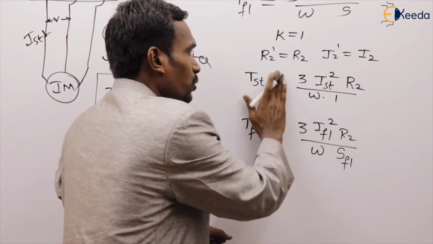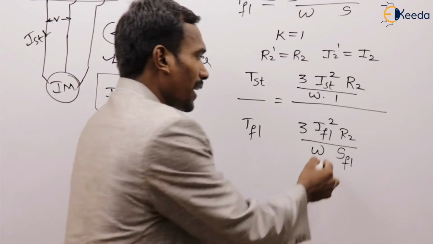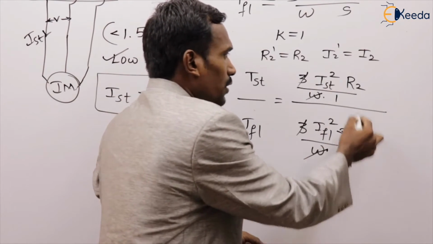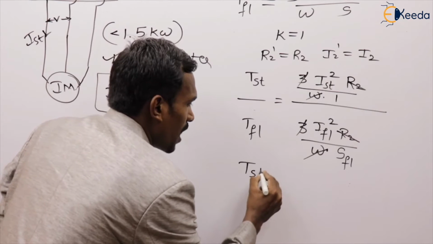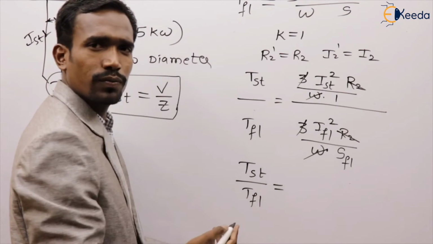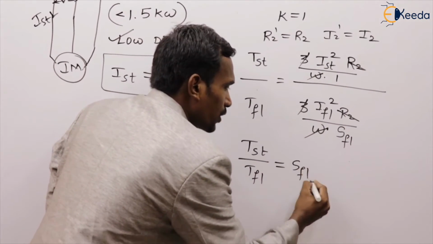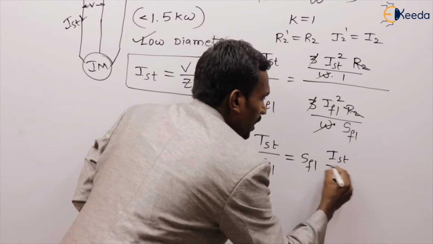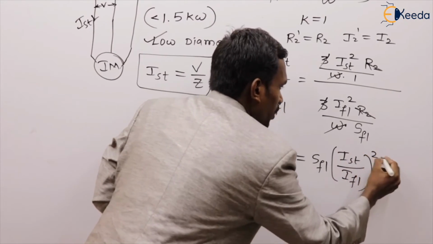Now compare these two. Omega gets cancelled out, 3 gets cancelled out, and R2 gets cancelled out. The very, very important formula: starting torque to the full load torque is equal to S full load into I starting to the I full load whole square.